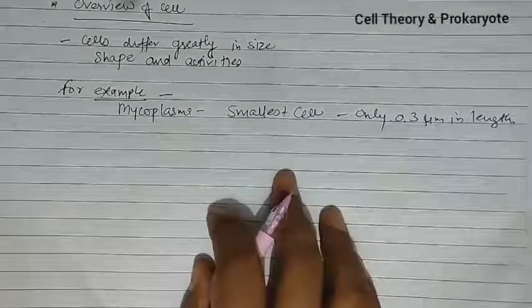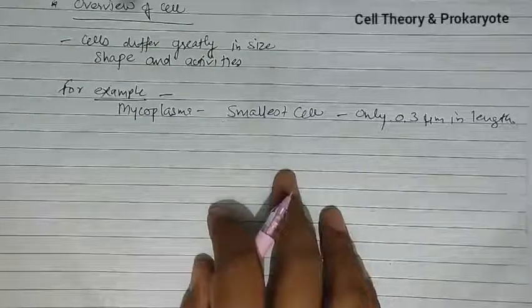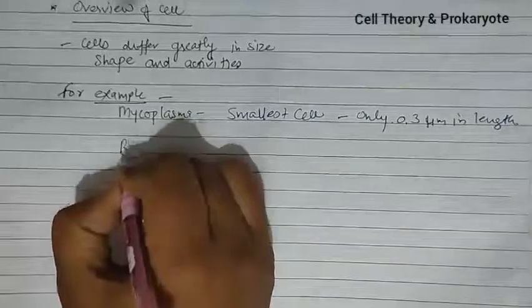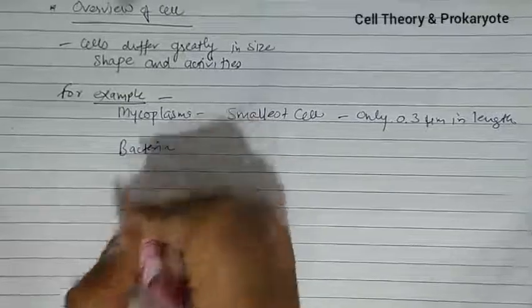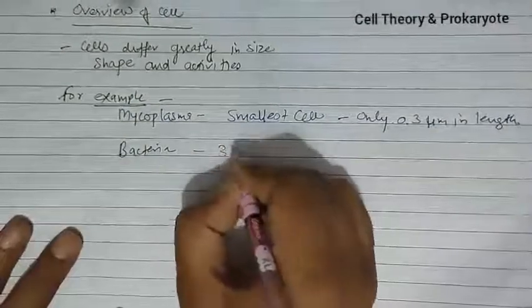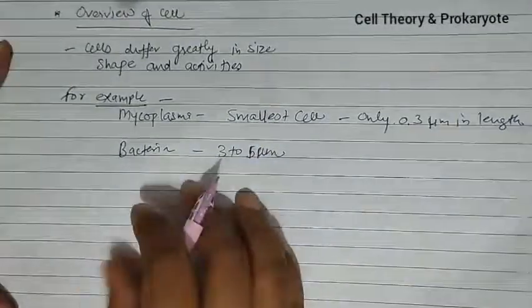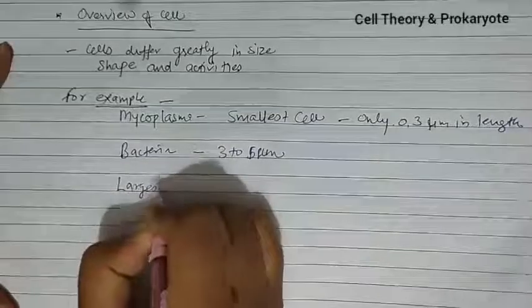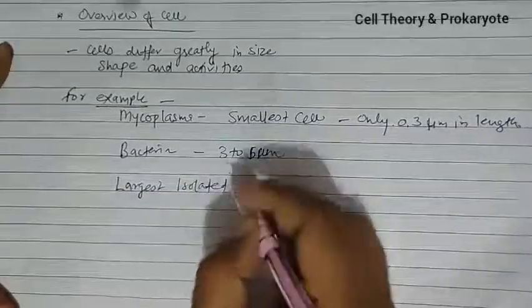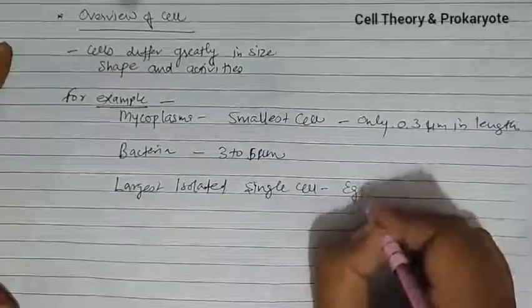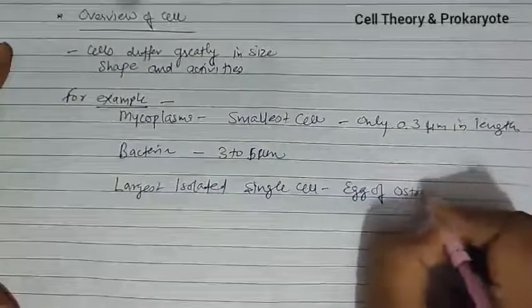When we talk about bacteria, mycoplasma is also a bacterium which is wall-less. Now if we talk about the size of bacteria, the size varies from 3 to 5 micrometer. The largest isolated single cell is the egg of ostrich.